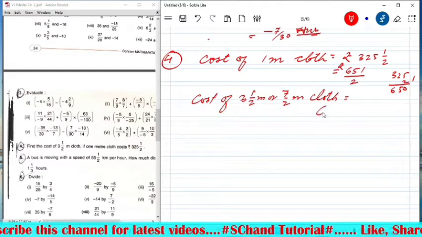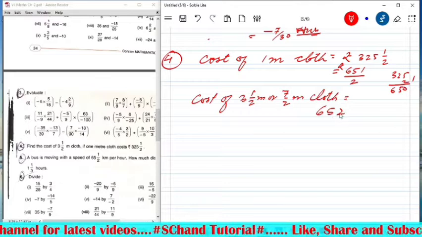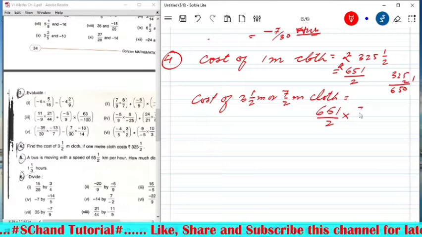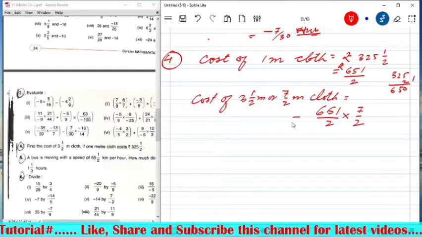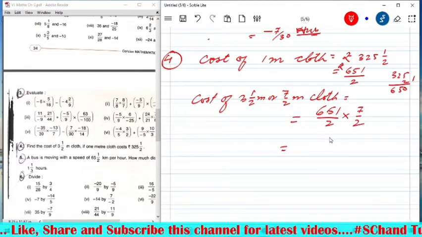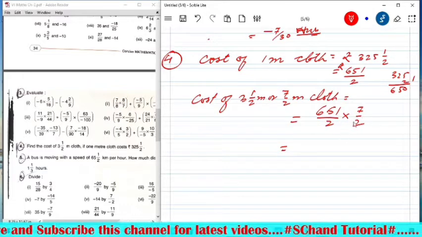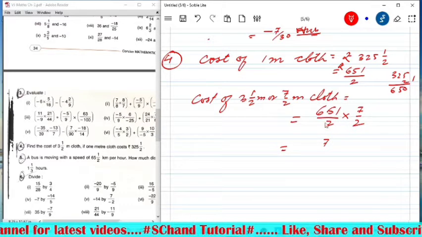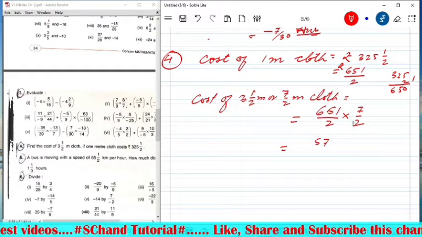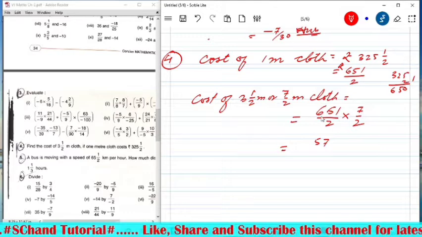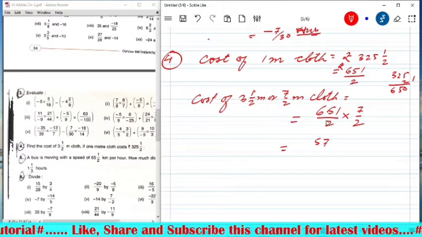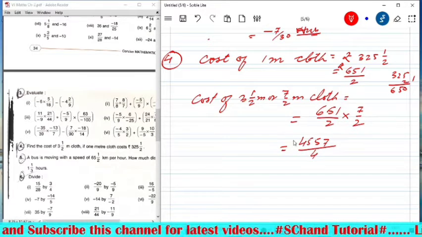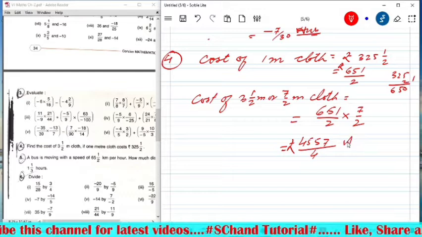So this will be 651 over 2 multiplied by 7 over 2. It's not coming in the same table, so we have to multiply this. 7 1s are 7, 7 5s are 35, 3, and 7 6s are 42 plus 3, 45, over 4. So this would be the answer.